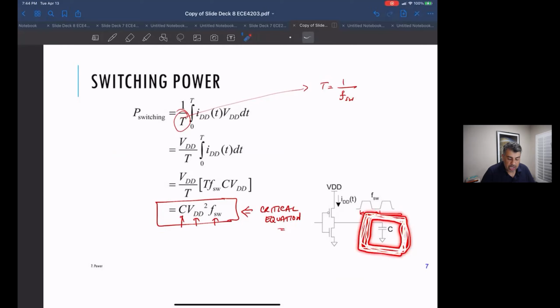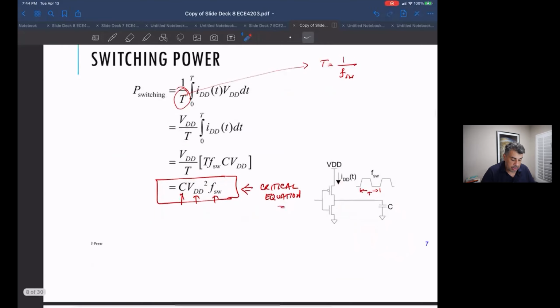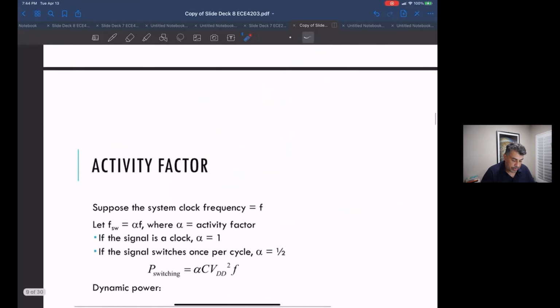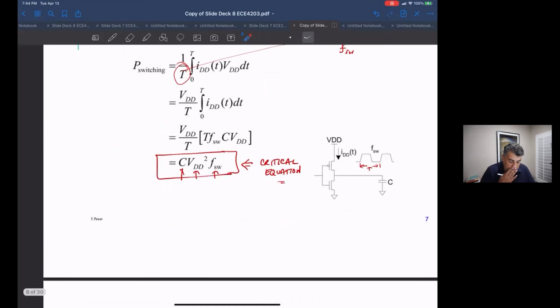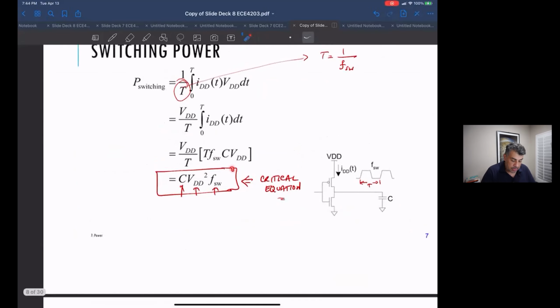Not that easy to figure out, but that's all you need to know, and how fast the circuits are operating on average, and the power supply. And then you can come up with an estimate for the power consumption. Okay, so this is the most important equation. That's what it looks like. No dependency on transistor size.